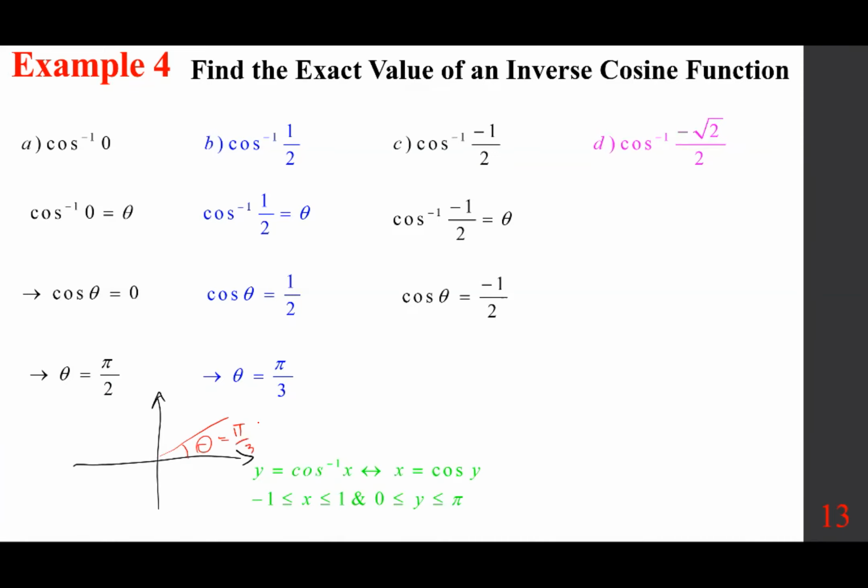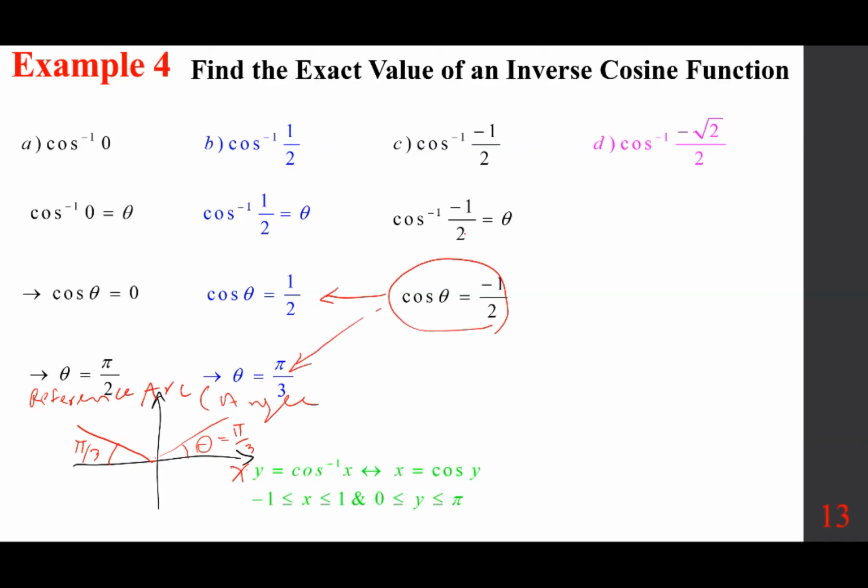Now, the terminal side makes a pi over 3 angle with the positive side of the x-axis. If this angle is pi over 3, then this is known as the reference arc, or angle. So for the reference arc, if you want to find the answer, you look at cosine theta equals 1/2. Theta is pi over 3.